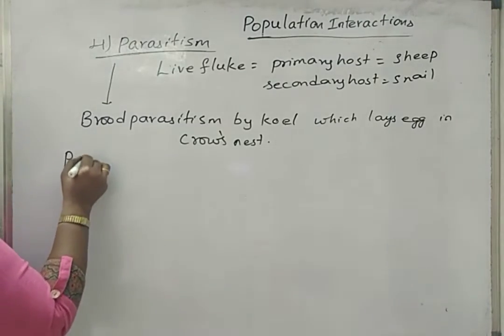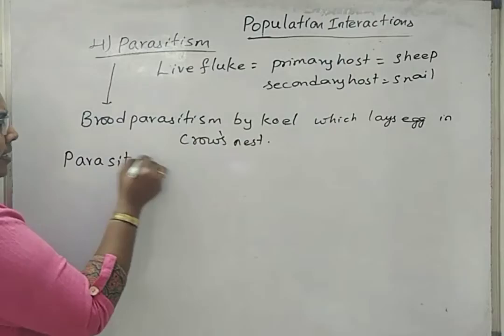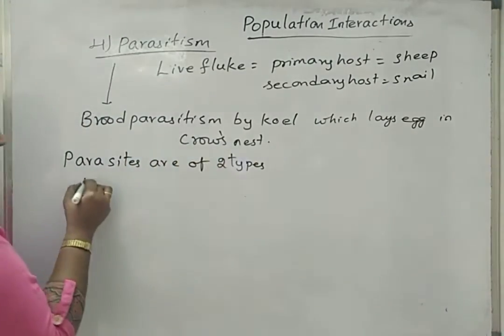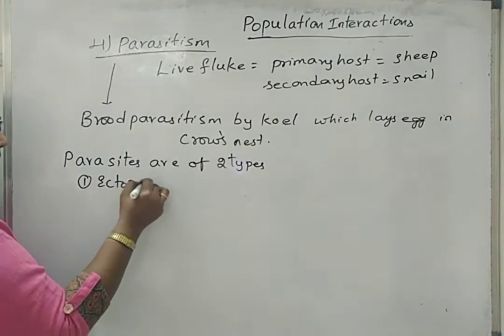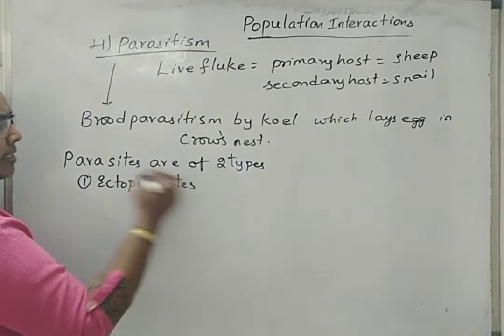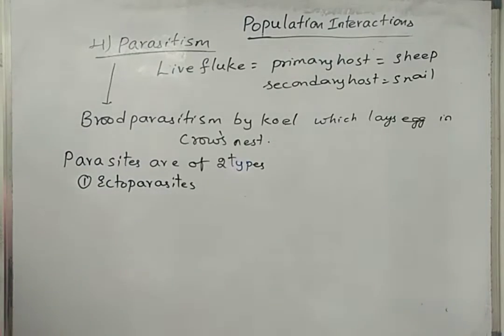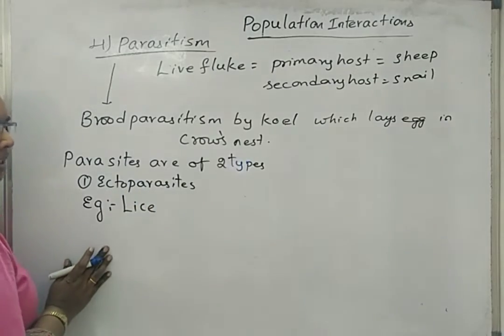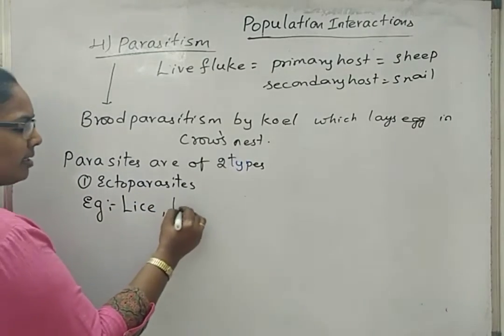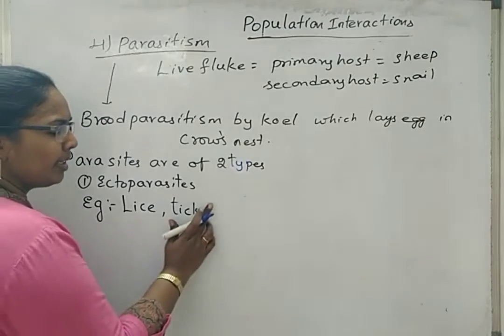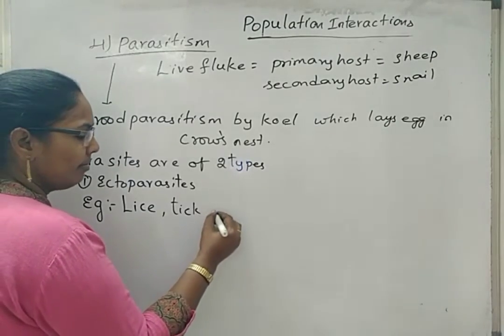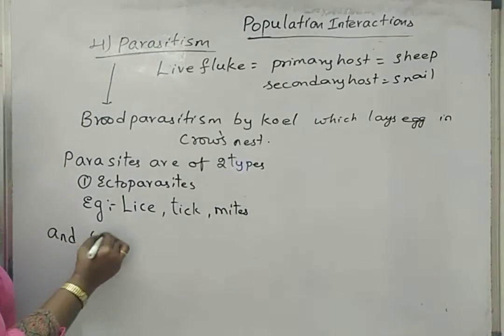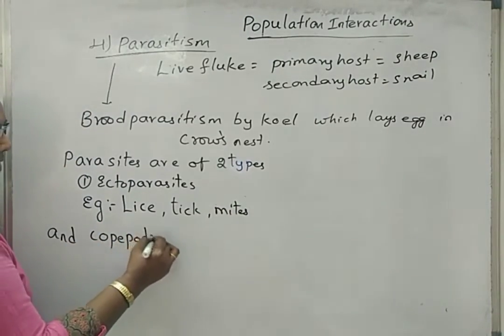Parasites are of two types, ectoparasites and endoparasites. Ectoparasites do not enter inside the body, but harm just the outermost surfaces of the body. Examples are lice, which are in the hair of human beings, ticks, which are on animal bodies like dogs and cats, mites, and copepods, which are on fishes.